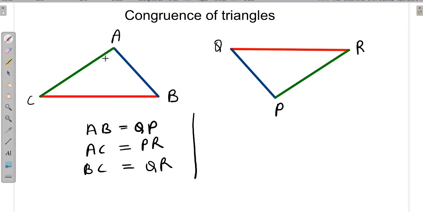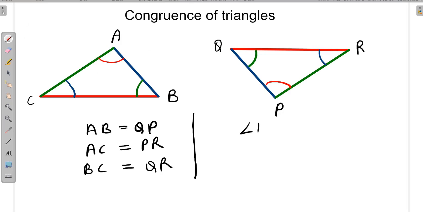Similarly for the angles, this angle A corresponds to angle P. Similarly, angle C corresponds to angle R, and angle B corresponds to angle Q. So the corresponding is very important.